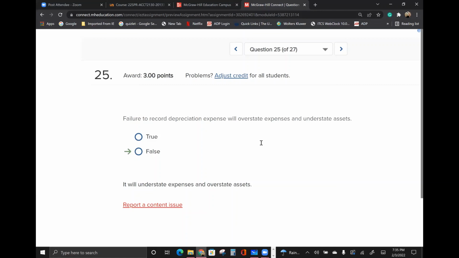So on my books, I've overstated my asset because I didn't reduce it down. And then it says, are you overstating expenses? Well, no, because I didn't even put the expense on the books. So I understated my expenses. It's the exact opposite of what this question is saying. So think about what's happening. What does an expense do? When you go to answer the question, there may be something similar to that.